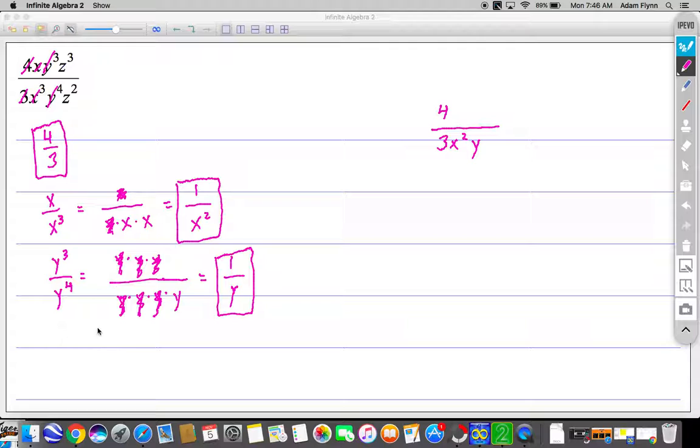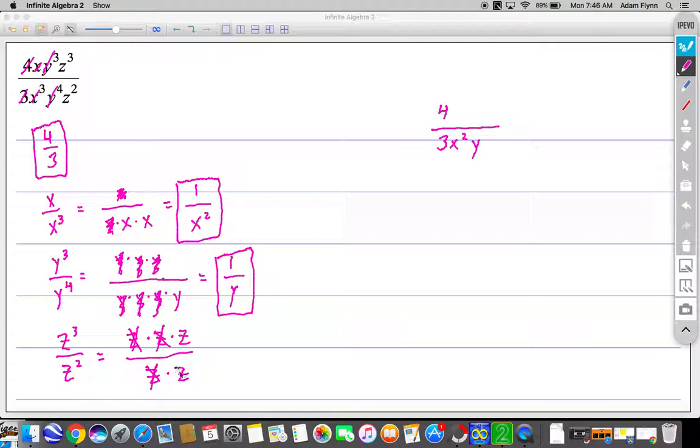And last but not least, we need to take care of the z's. So we have z to the third power over z squared, which is the same thing as z times z times z over z times z. Or I could just simply subtract the 2 powers.